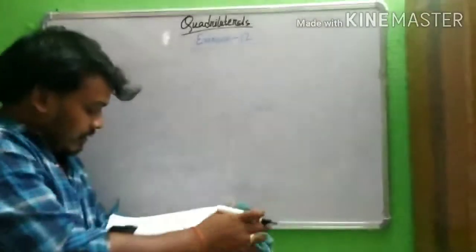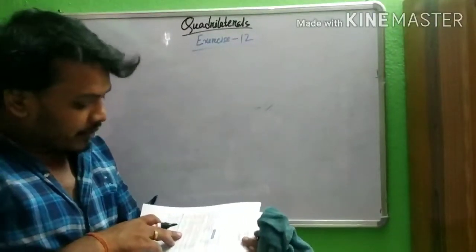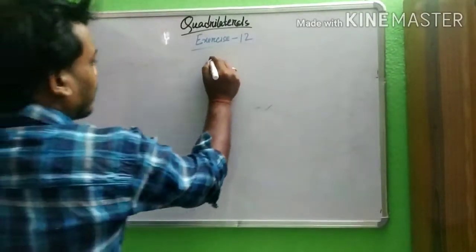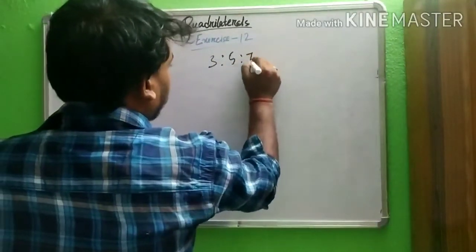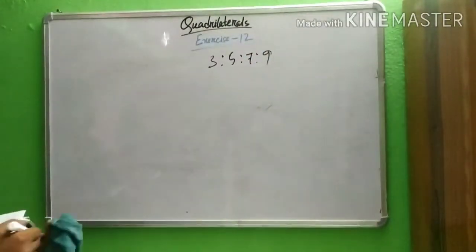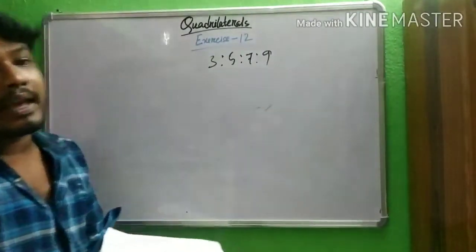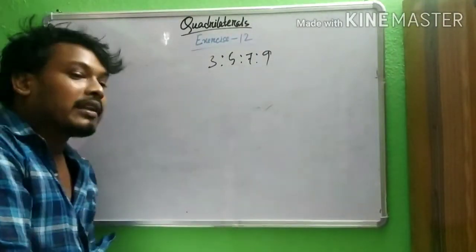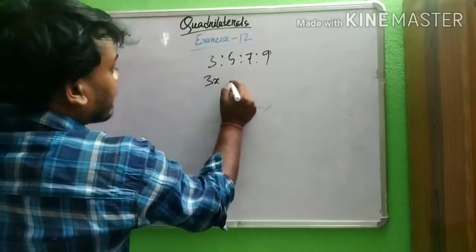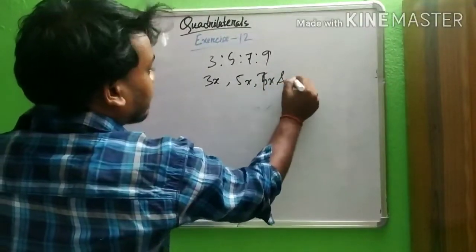Next one is: find the measure of the 4 angles of a quadrilateral if they are in the ratio 3:5:7:9. So the ratio is given, and if the ratio is given in case of angles, we let the values be 3x, 5x, 7x and 9x.